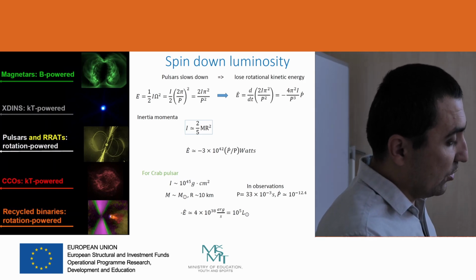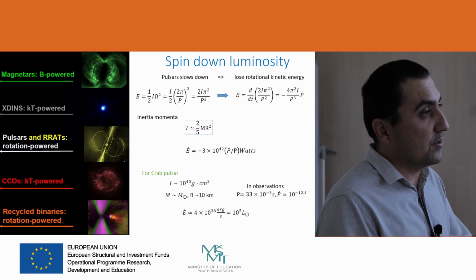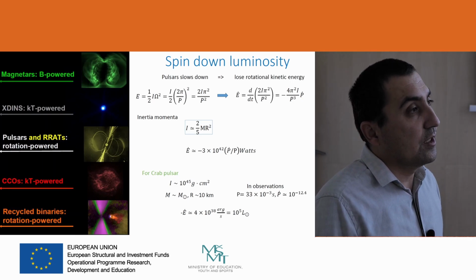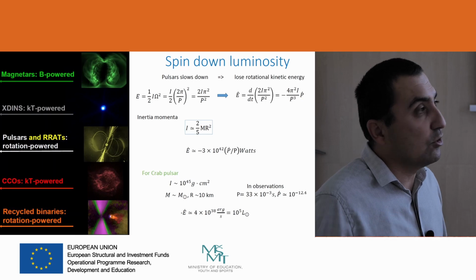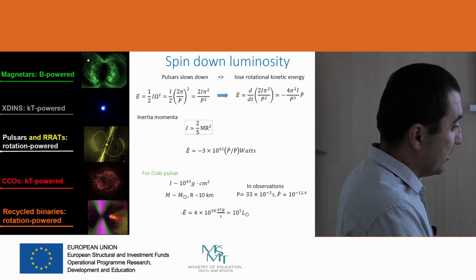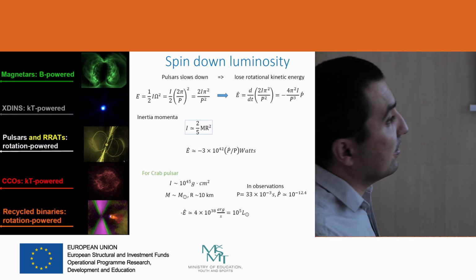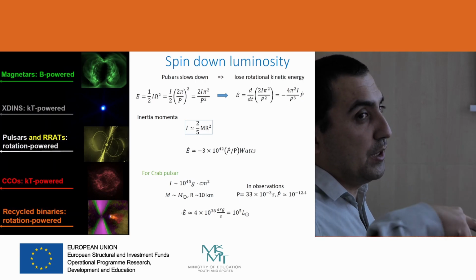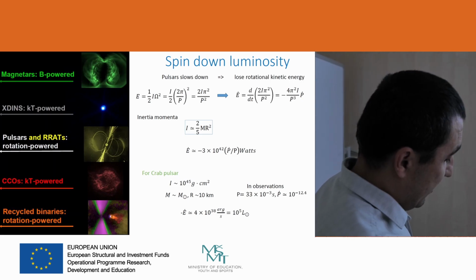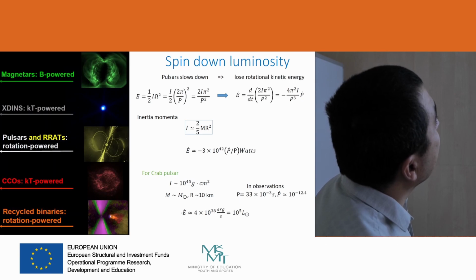But the Sun radiates uniformly, so you can observe its radiation everywhere with the same luminosity, whereas a pulsar radiates in a very narrow angle, like a laser beam. We can observe it at the peaks.